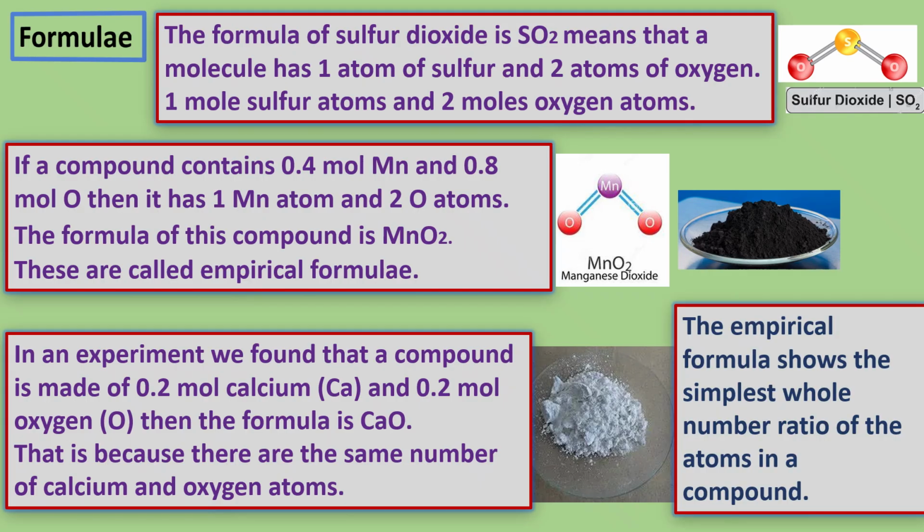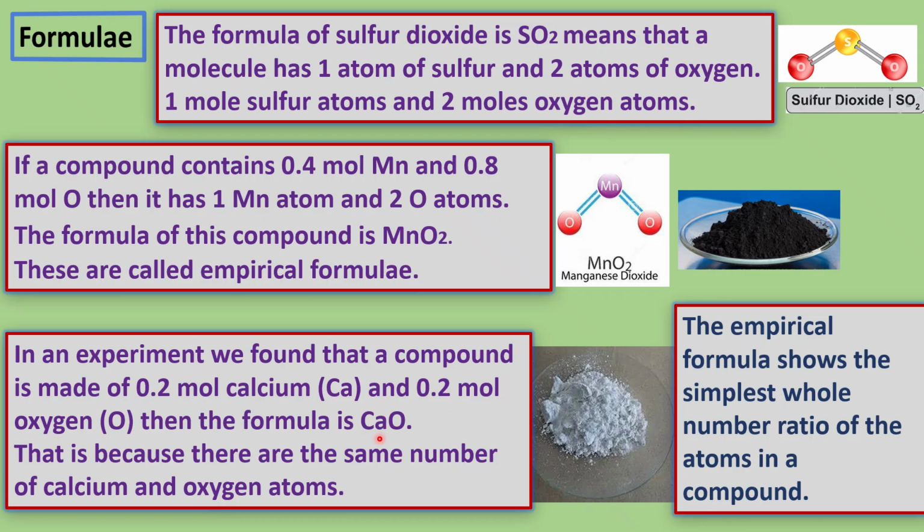In an experiment, we found that a compound is made of 0.2 mole calcium and 0.2 mole oxygen. Then the formula is CaO, calcium oxide. This is because there are the same number of calcium and oxygen atoms, Ca1 and O1, but we don't write the 1.